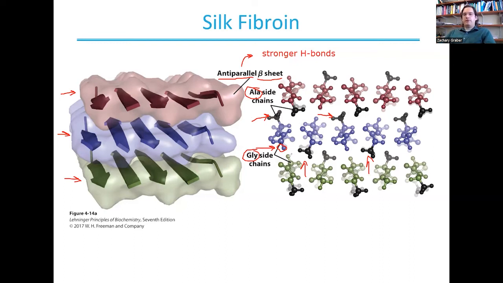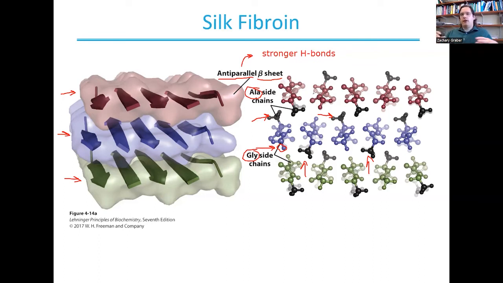Now, our London dispersion forces are going to be strengthened by the fact that we have very small amino acid side chains here, right? So with only our alanines and our glycines, we're able to pack these beta sheets very closely together, right? Notice how nicely these can sit together as they're resting on top of each other.